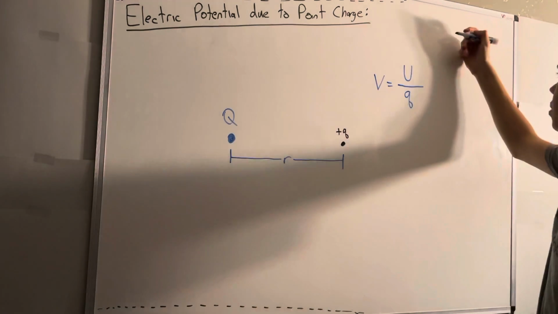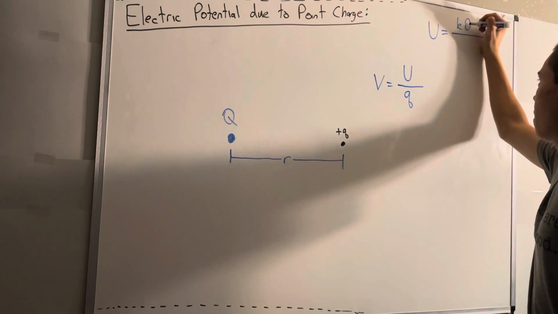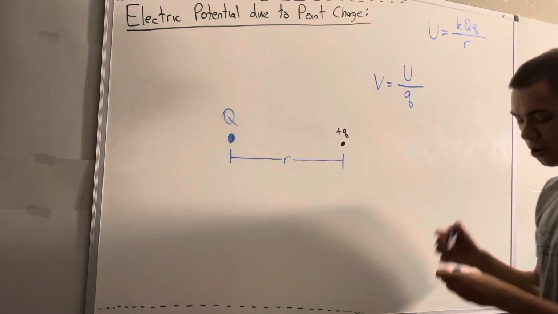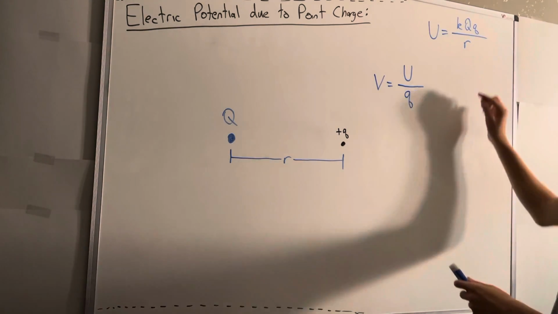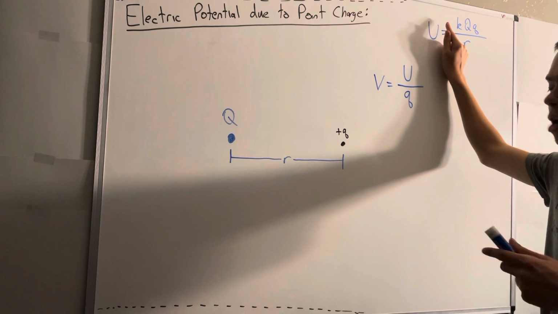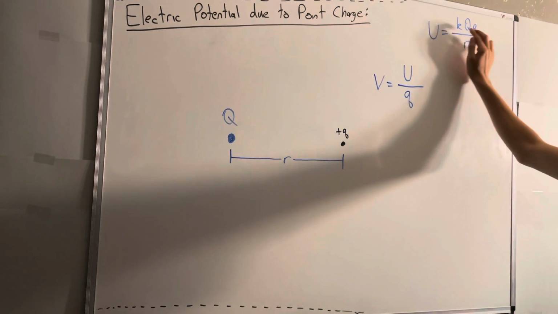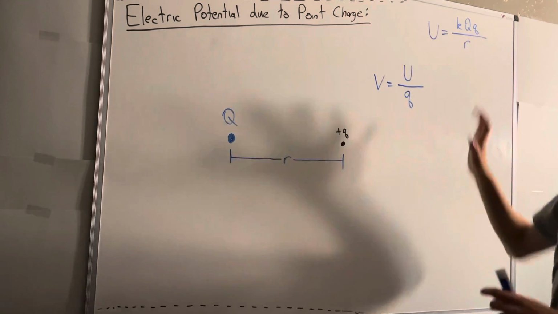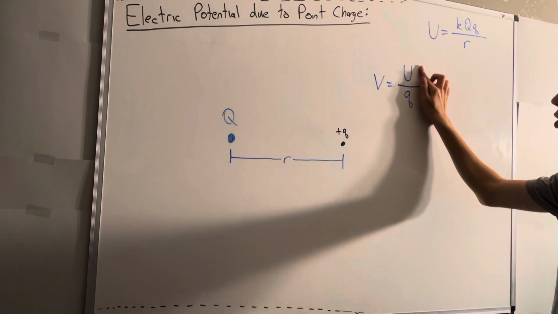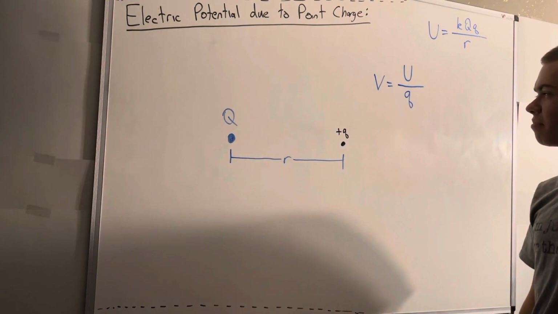If you recall, electric potential energy is kQq over r in the case of this setup right here. And so notice how as the value of our test charge increases, the electric potential energy will increase proportionally, because electric potential energy and the value of our test charge are proportional to each other. So q increases, so U increases, and electric potential will remain constant.